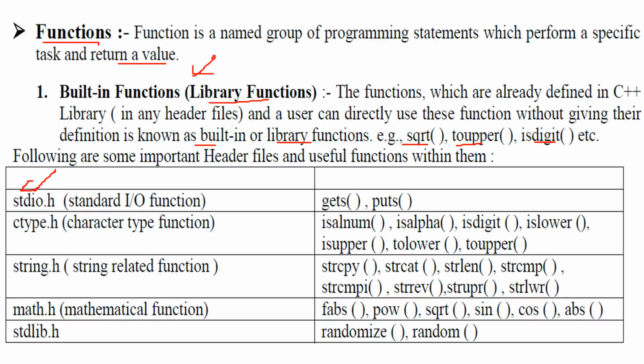Like in stdio.h, you find gets, puts. ctype.h is for character type functions. This is for string related functions. This is a math and standard library with randomize, random. For string we have strcpy, strupr like this. For mathematical you have absolute value, square root and cos, sine, all these. For ctype, tolower, isdigit checking can be done.